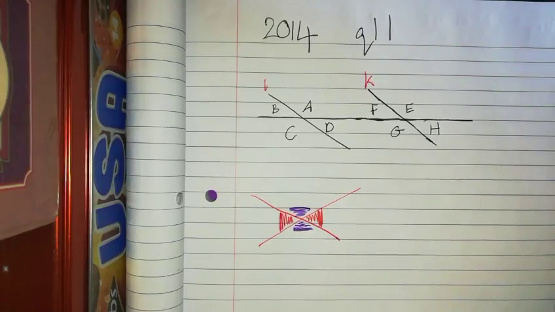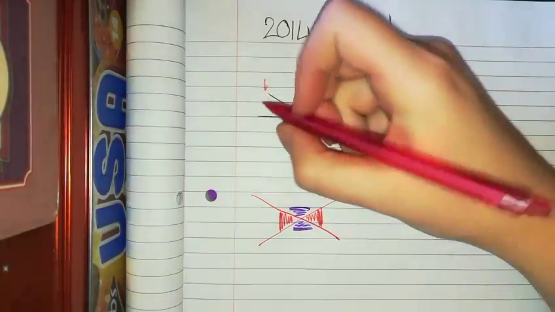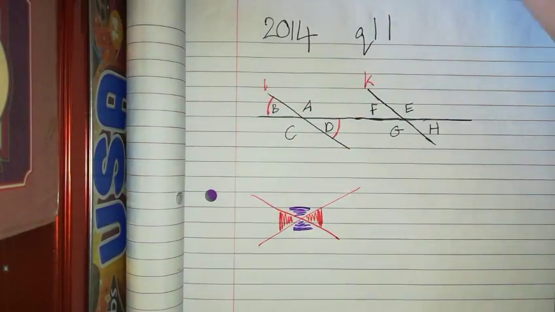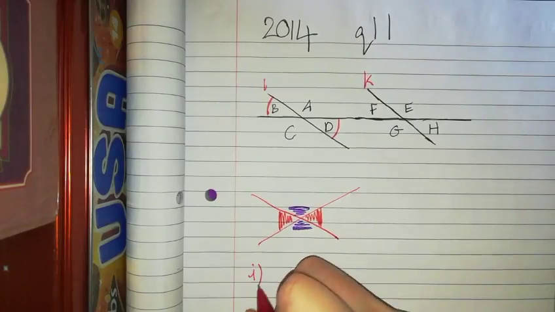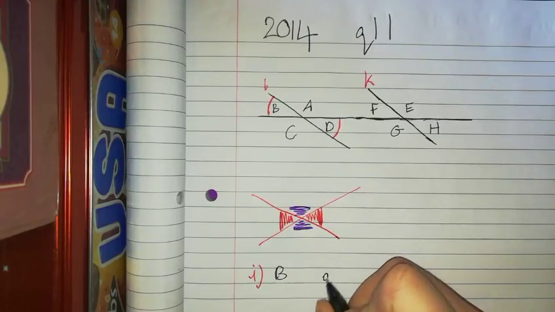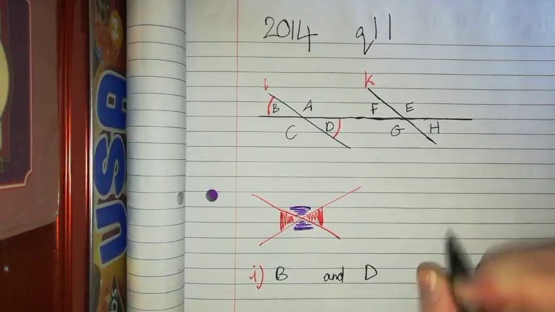So I can just pick any pair of vertically opposite angles. I might just go with B and D. These two angles are vertically opposite, so my first pair of vertically opposite angles, I can write B and D.